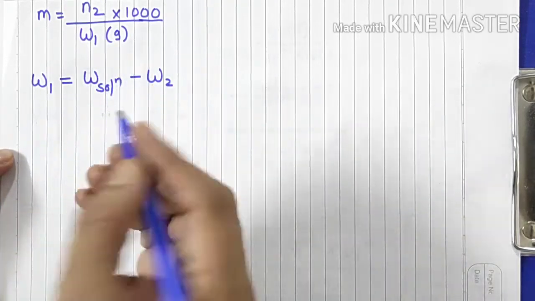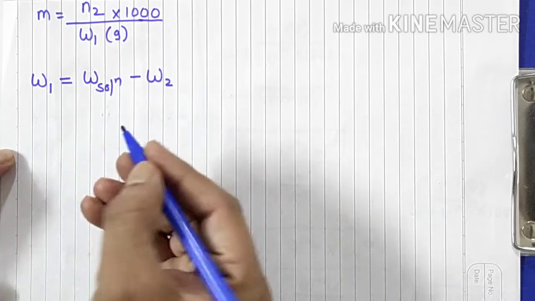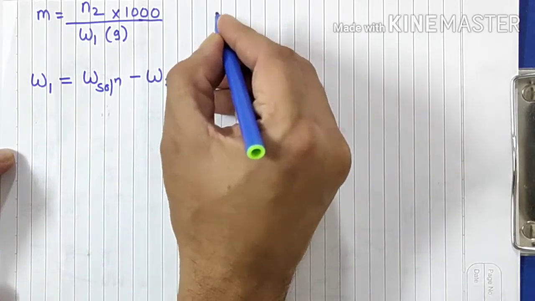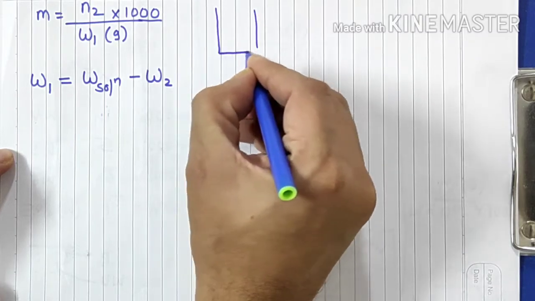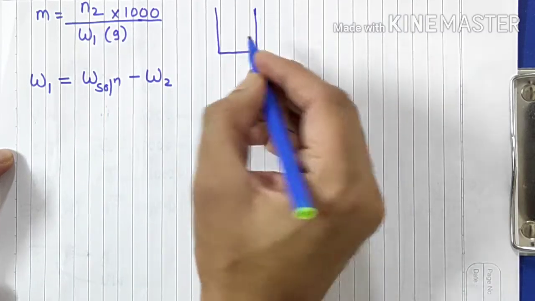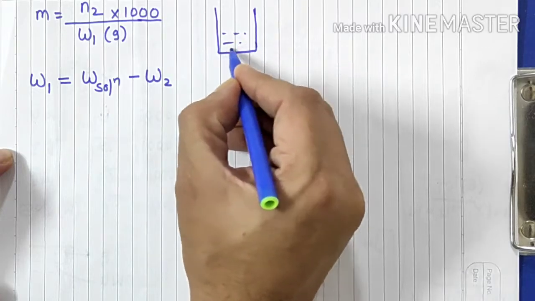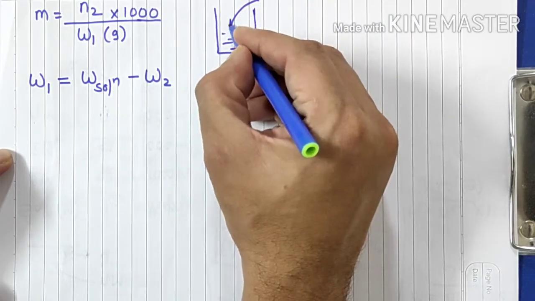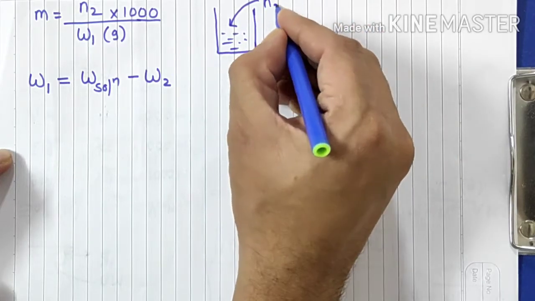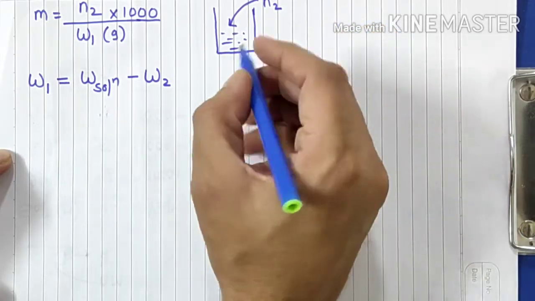Now let's understand one thing. Suppose I have a solution, I draw it over here. Solution will contain some moles, and that mole I write here as N2, right?